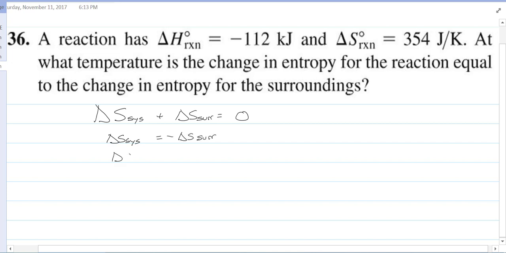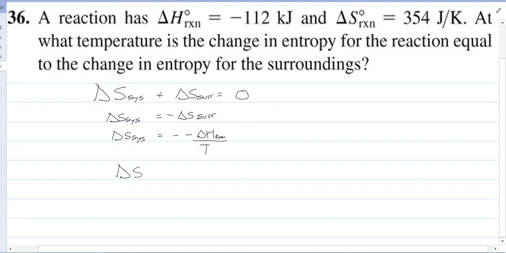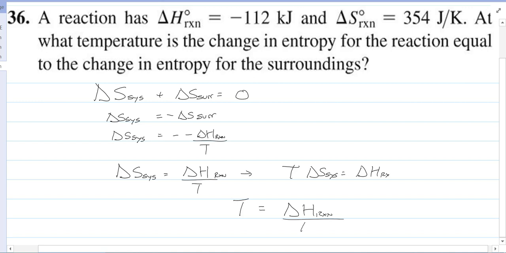Delta S system equals negative delta H reaction over T, which means T times delta S system is delta H of the reaction. So that gives me T equaling delta H of my reaction all over delta S of my system, or reaction.